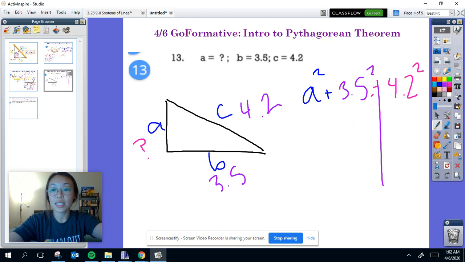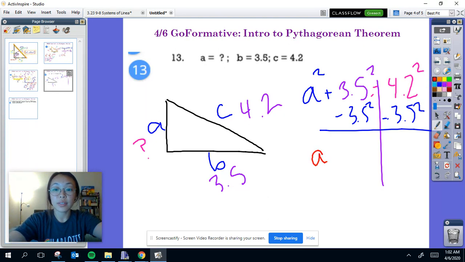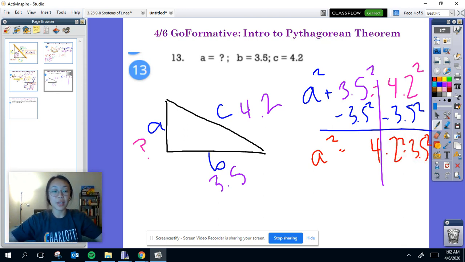So what that ends up looking like after I subtract it from both sides is A squared equals 4.2 squared minus 3.5 squared. And since we went over the last two problems, I'm going to let you guys pause the video and try to solve it from here by yourself.